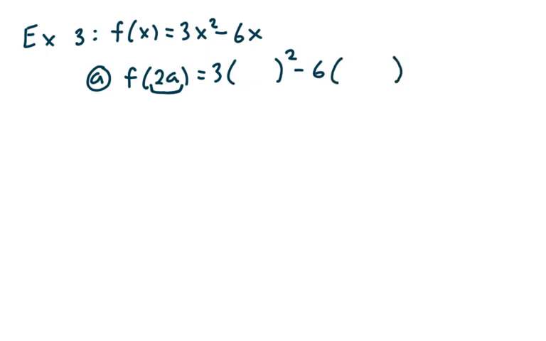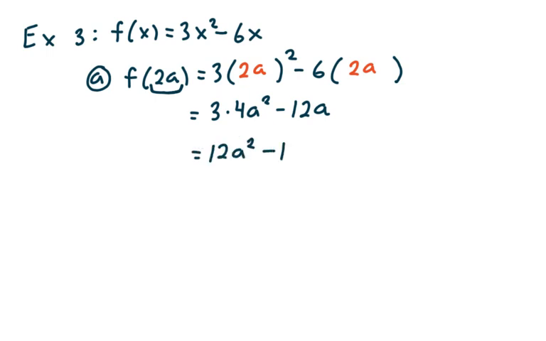And within those open parentheses, I'm going to put 2a in its place, like so. Now, if I take 2a and square it, I get 4a squared, okay? And then 6 times 2a is minus 12a. And so when I'm all said and done, I get 12a squared minus 12a.